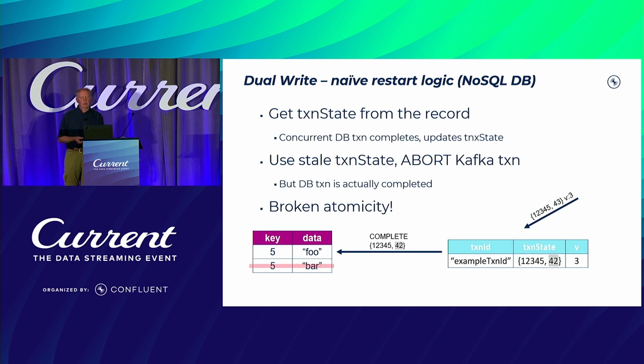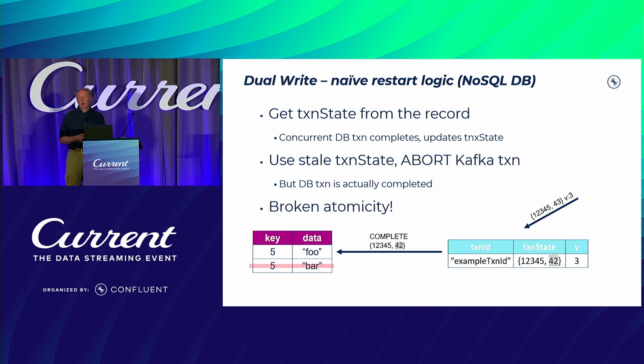Now when we look at restart with the NoSQL DB, a naive way to do it would be to just get the state from the record and then try to complete the transaction based on the state in the record. But there is a problem there.